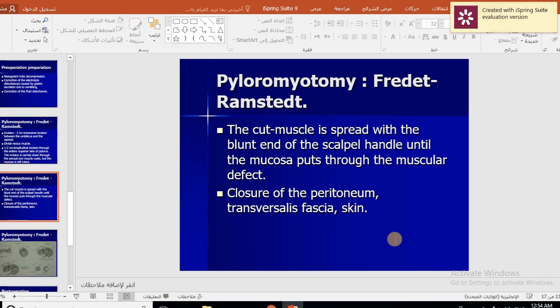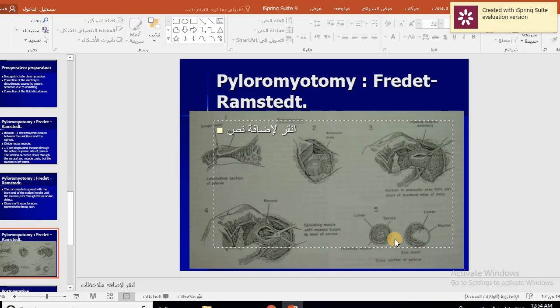The cut muscle is spread with the blunt end of the scalpel handle until the mucosa pouts through the muscular defect. Then closure of the peritoneum, transversalis fascia, and the skin. And this is the operation which we are doing for pyloric stenosis.